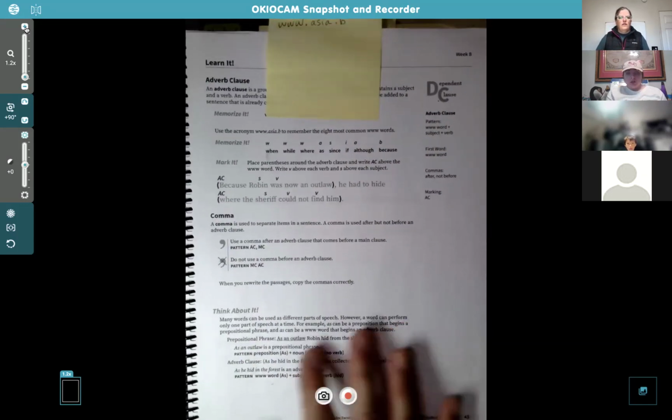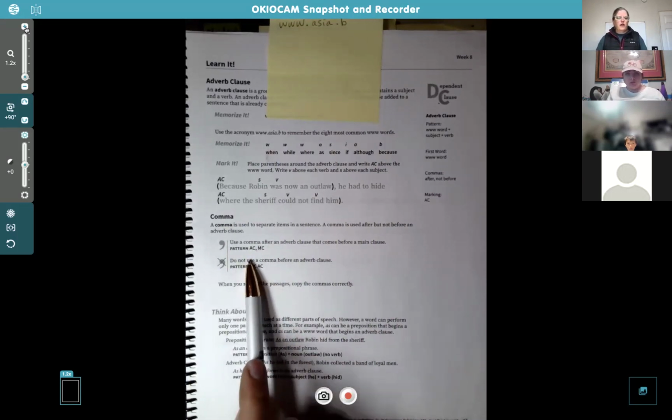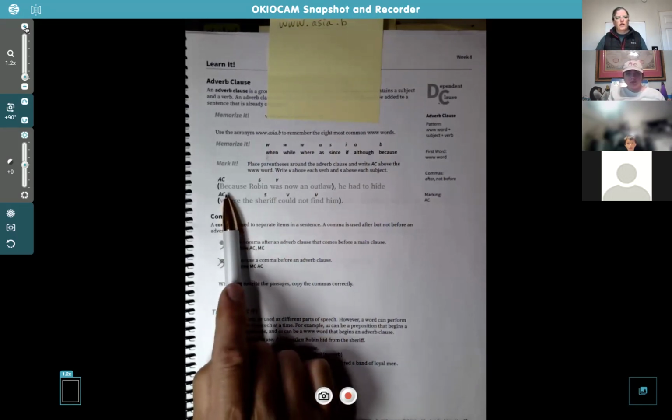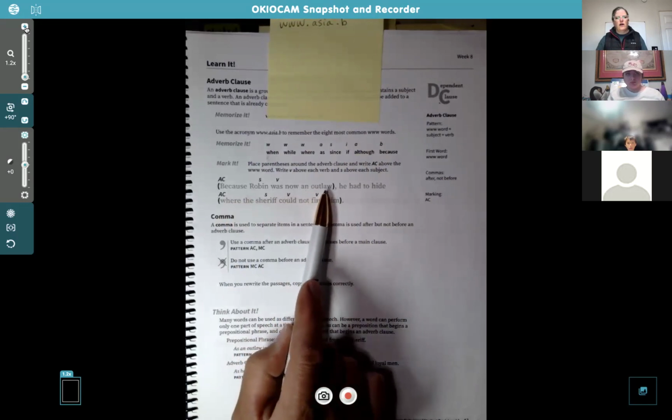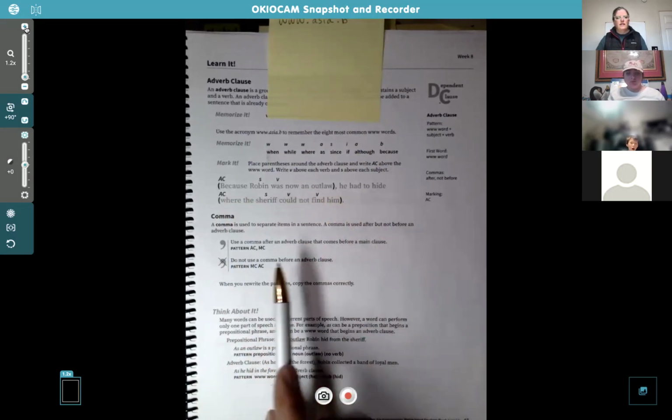Okay. And the comma rules. Two rules here with the adverb clause. If the adverb clause comes first and then the main clause, you need a comma in between. Just like this part right here, because Robin was now an outlaw, comma, here's the main clause, he had to hide.